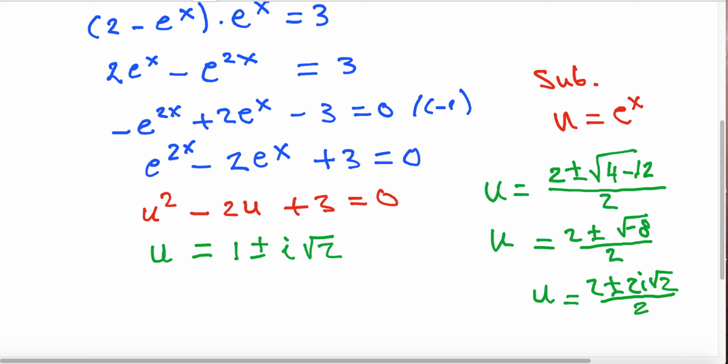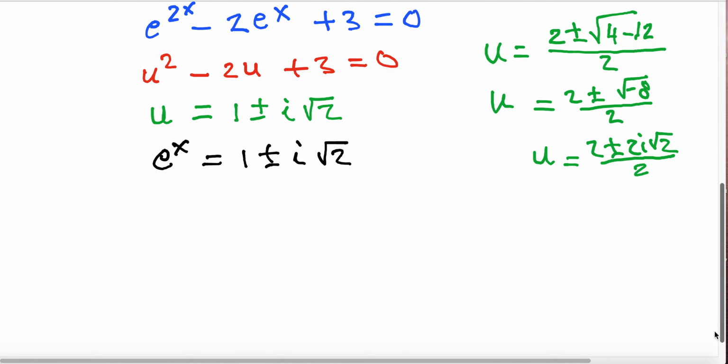use again this substitution where u is equal to e^x. So e^x is going to be 1 plus or minus i square root of 2. But now I'm going to use just one case. I have two solutions, but I'm going to use this one first, 1 plus i square root of 2, and the other one is going to be a similar process.